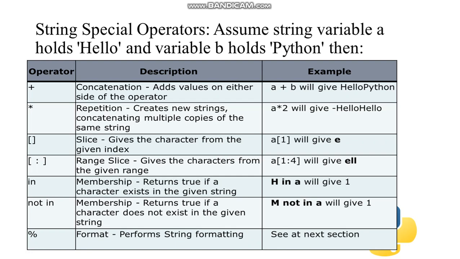So if I write H in a, it will give me 1, that H is present. Next is not in. Not in is the opposite of in. If the particular character is not present in this string, it will return true, otherwise false.